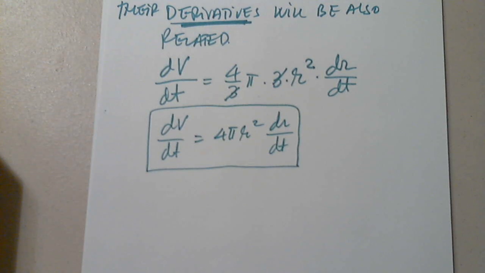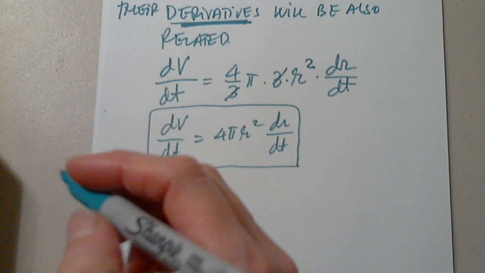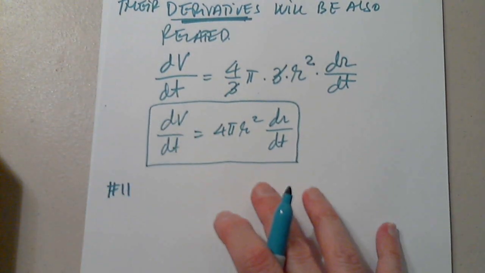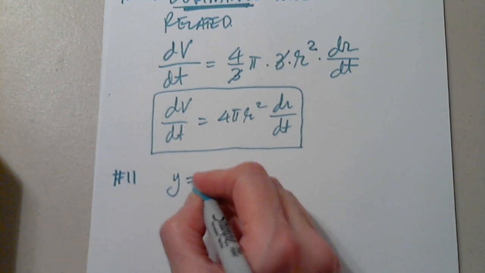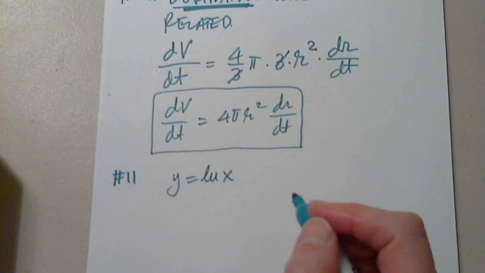This is page 364. Please choose. Find the indicated rate. Anything you want from 1 through 20. I would like to start with a simple one like 11, and then you choose the next one. In 11, we have y equals natural log x.